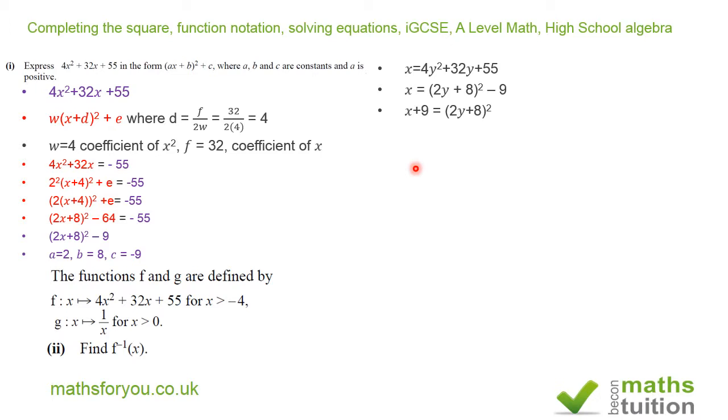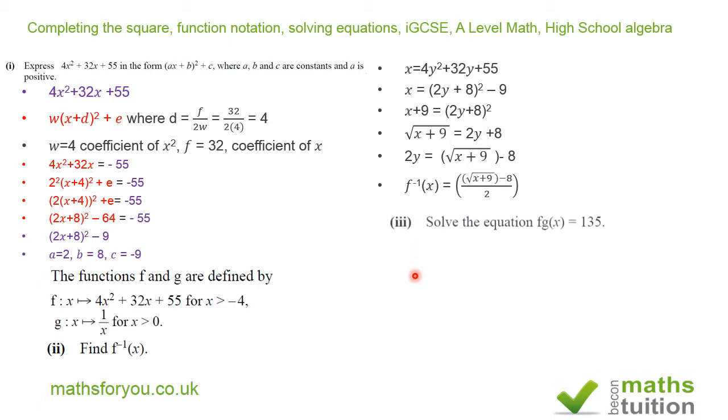If I take the square root of both sides, I end up with the square root of x plus 9 is equal to 2y plus 8. Now if we subtract 8 from both sides, I end up with 2y is equal to the square root of x plus 9 minus 8. If I then divide both sides by 2, I end up with y is equal to the square root of x plus 9, minus 8, divided by 2, and that is our inverse function.